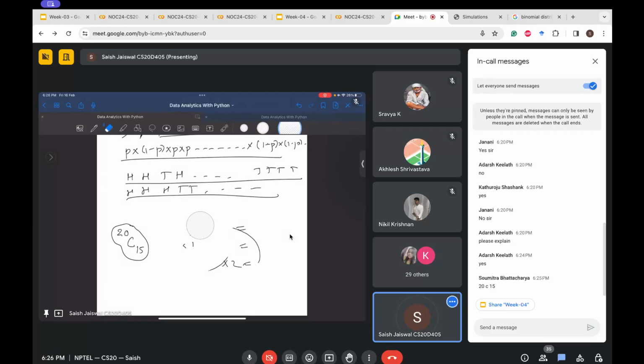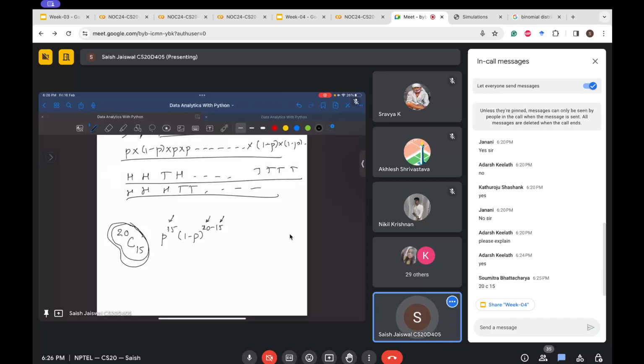So this product will be the same, p to the power 15, (1 minus p) to the power 20 minus 15. So there are 20 trials, in 15 of which you are getting success, and in 20 minus 15 you are getting failures, that is 1 minus p. And you can make the arrangement in 20C15 ways, like HHTH or HHHTTT and so on.